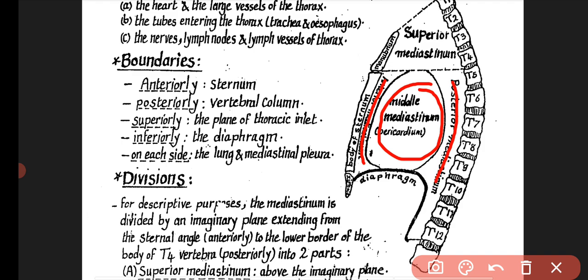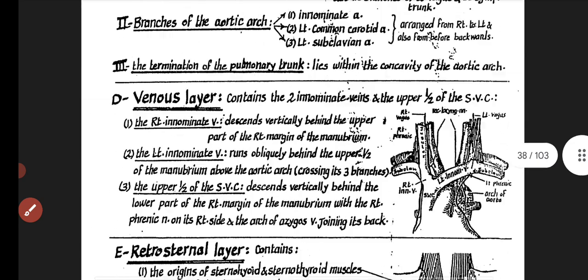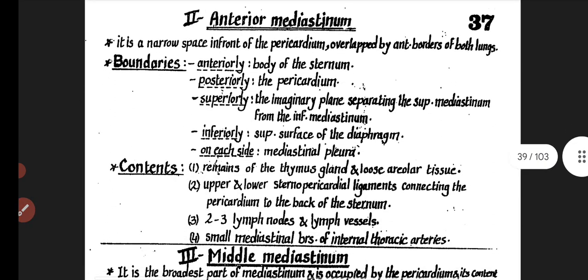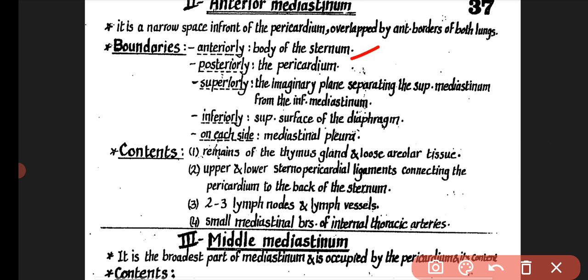Now we will know the anterior mediastinum. The boundary anteriorly is the body of the sternum and posteriorly the pericardium. From the diagram you can see posteriorly the pericardium is there and anteriorly the sternum.